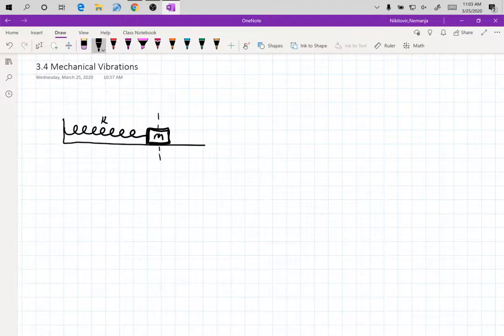When you let go, the spring returns back to its original length, and we say the spring is in equilibrium. So we will call this position here the equilibrium position. So, lowest energy state.